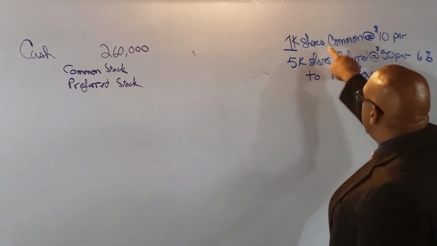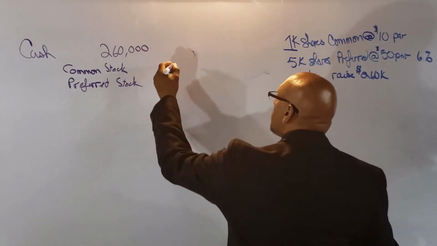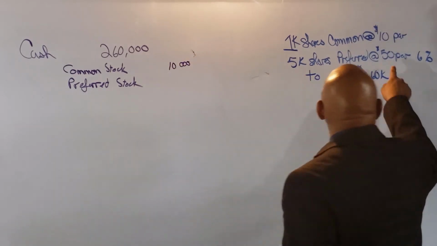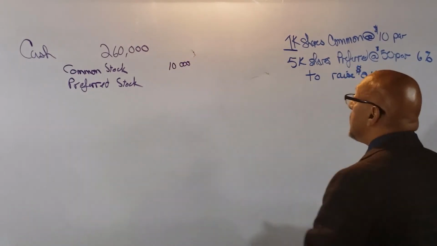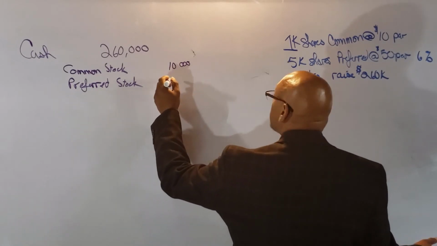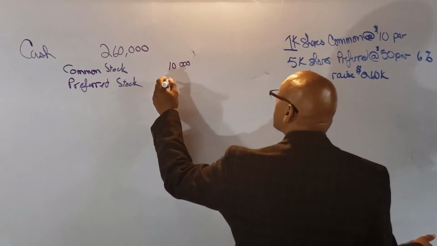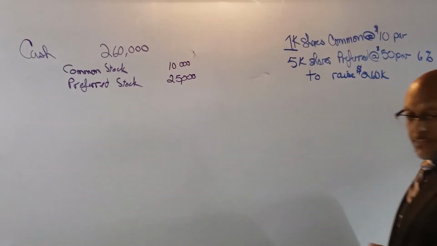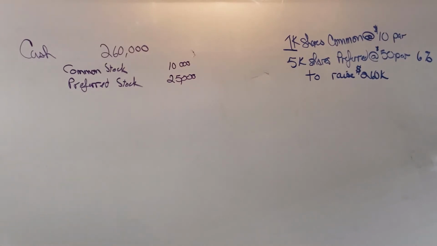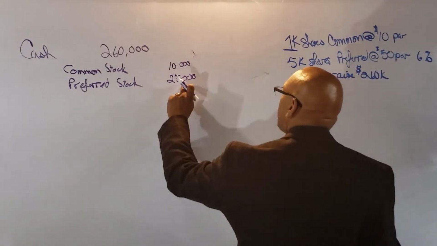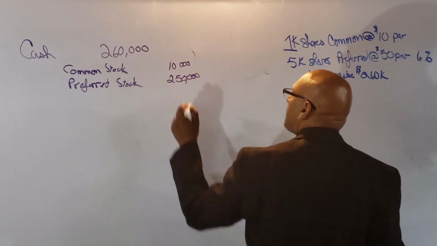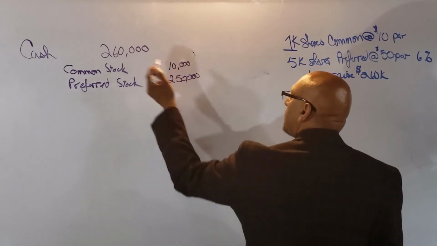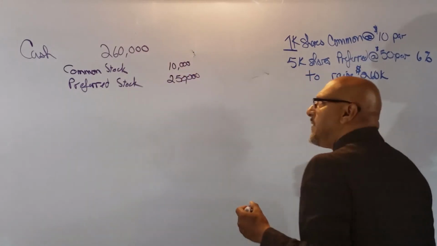So 10 times 1,000 is 10,000. So that's $10,000 here. And this is 50 times 5,000, which is 250,000. I decimal the wrong place. Are we in balance? We have 260 over here, 250 plus 10, 260.